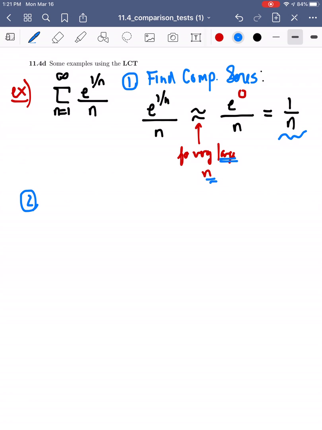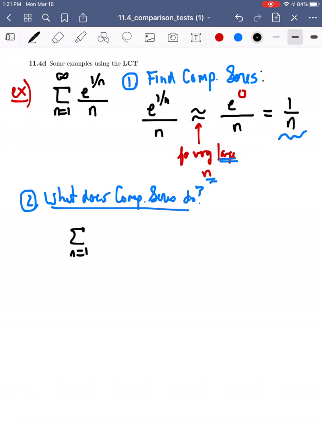The second step is figure out what that comparison series does. So we have the series from n equals 1 to infinity of 1 over n. And well, this is our friend, the harmonic series. The harmonic series, we know, diverges.